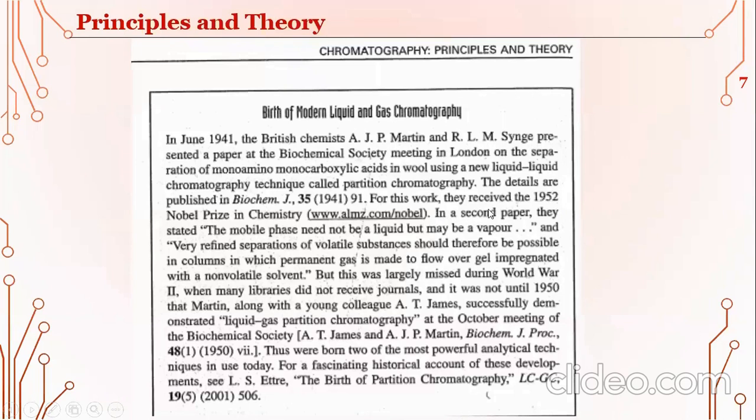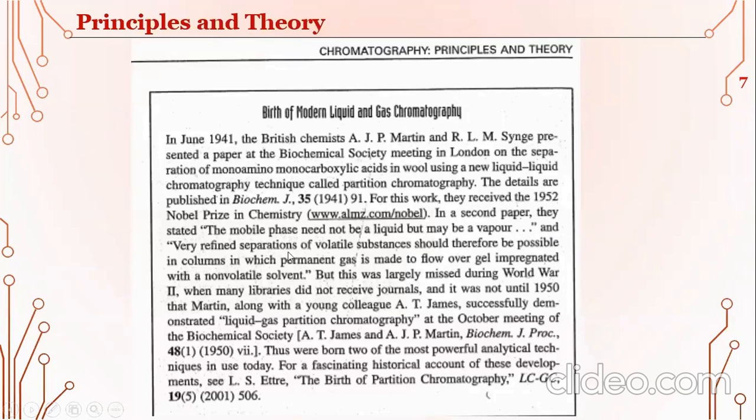After that, in their second paper, they stated that the mobile phase need not be liquid. It is not important that the mobile phase must be liquid, but it may be a vapor like a gas.